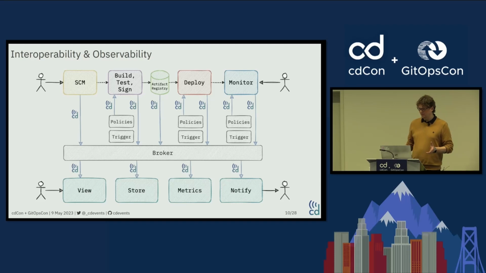If all the tools in your tool chain are able to produce events in a consistent language and you can collect them, it becomes much easier to calculate these metrics. Other things you can do are sending notifications, for instance, to improve visibility and observability for your users.